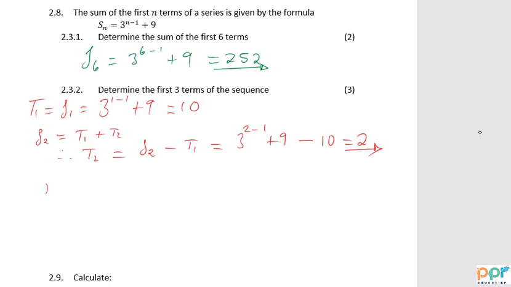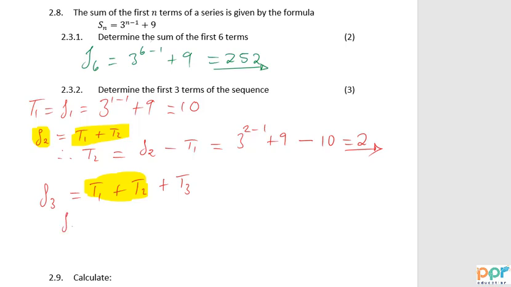If we proceed, the sum to the third term is given by term 1 plus term 2 plus term 3. Now look at this. Term 1 plus term 2 is equal to the sum to the second term. So I can replace it with the sum to the second term. Now let me do that.